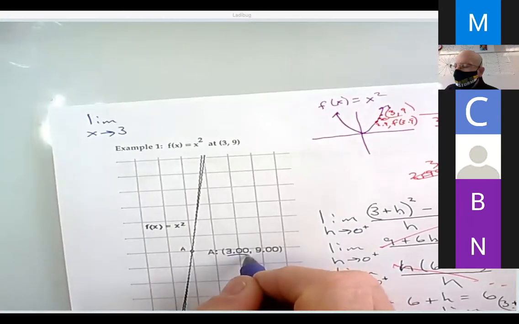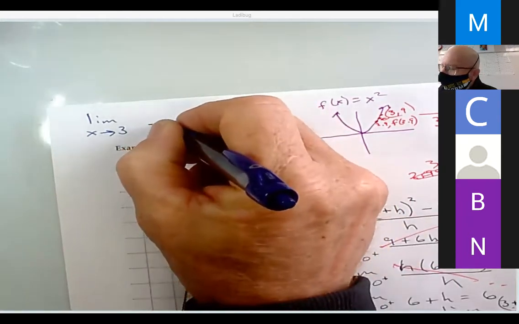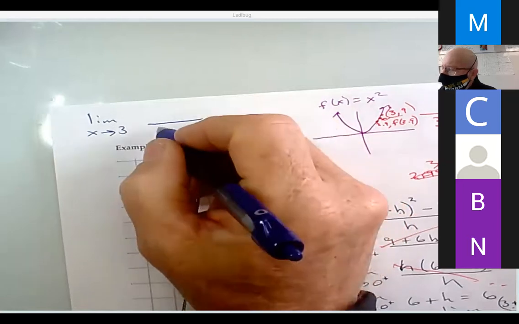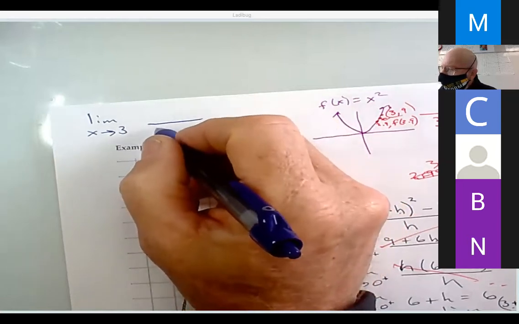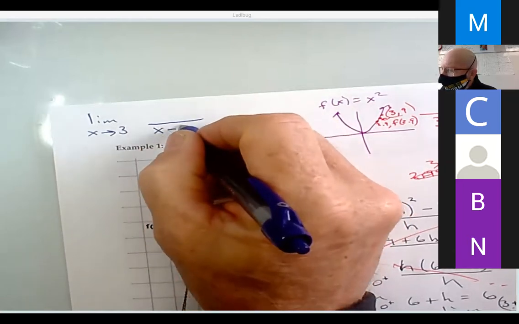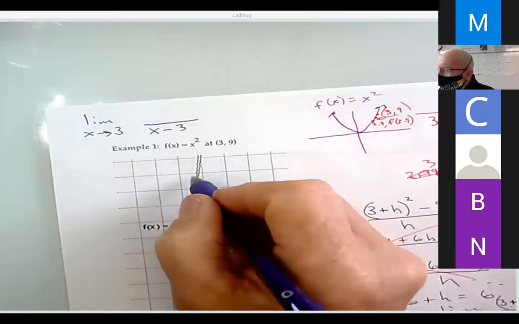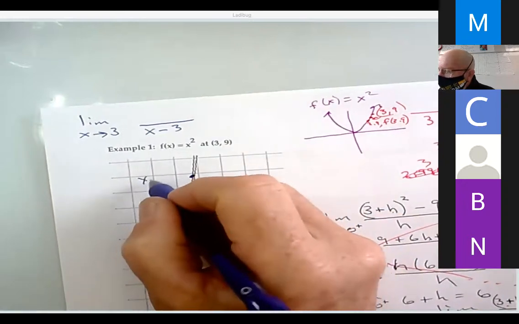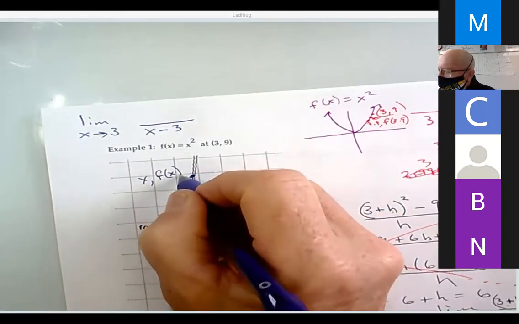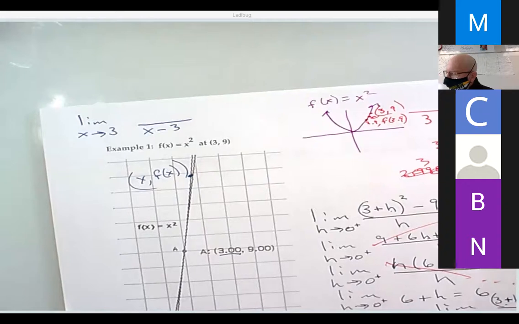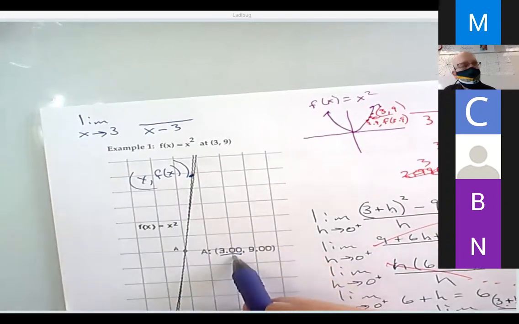Perfect. So now I'm going to write my slope formula. It's going to be x minus 3 because I'm on some point here, x comma f of x. So it's this x value minus the 3, this x value.